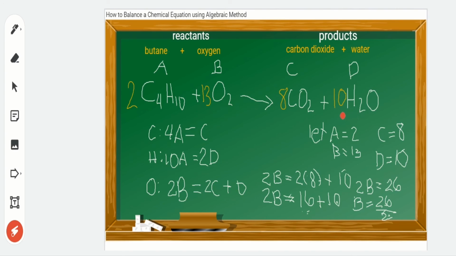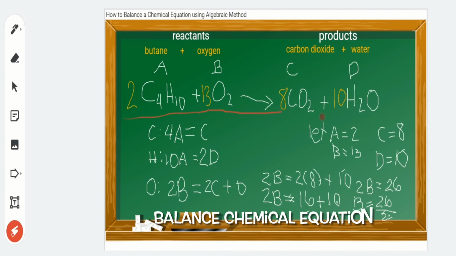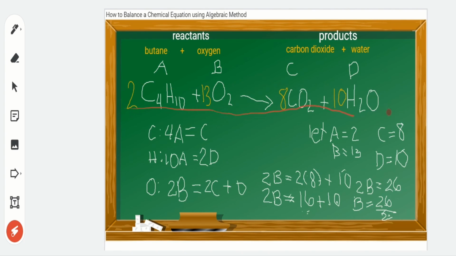And here, 10 times 1, that's 10, and 8 times 2, that's 16. So 16 oxygen plus 10 gives us 26 oxygen. So definitely, this is now a balanced chemical equation. So practice is actually the key, especially if you're going to deal with more complex chemical equations. You can try the algebraic method to balance a chemical equation.